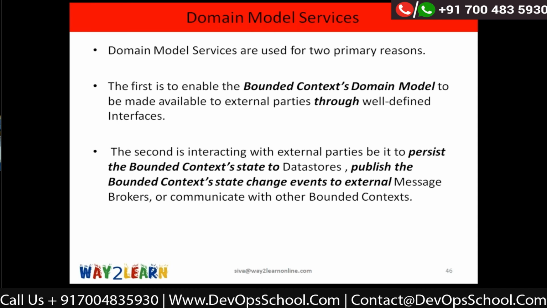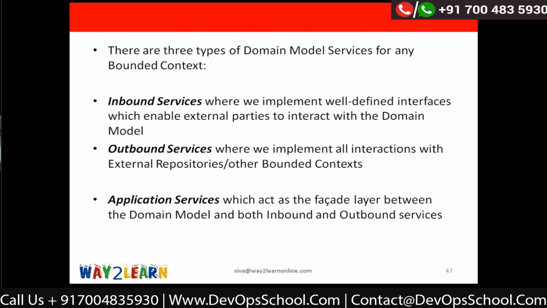Or maybe you want to publish the state changes to an external bounded context, so maybe you will publish some events. So you have to write domain model services: one is an inbound service, an outbound service, and some other application services. We'll slowly see all of them, right?